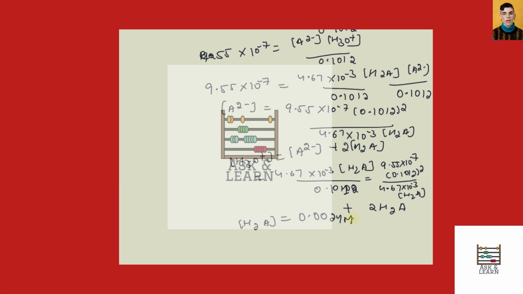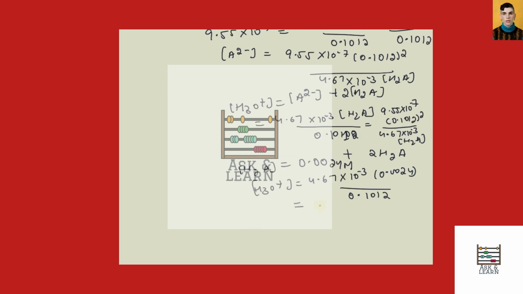After that, we can find the concentration of H3O positive. The concentration of H3O positive equals 4.67 into 10 raised to power minus 3 into 0.0024 upon 0.1012. On solving this, it comes to be 1.1 into 10 raised to power minus 4.